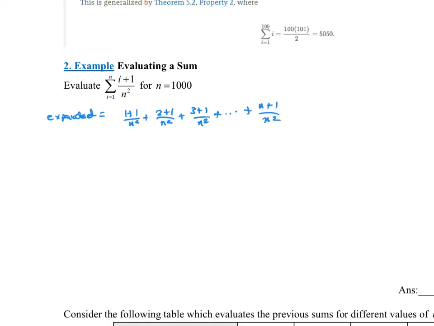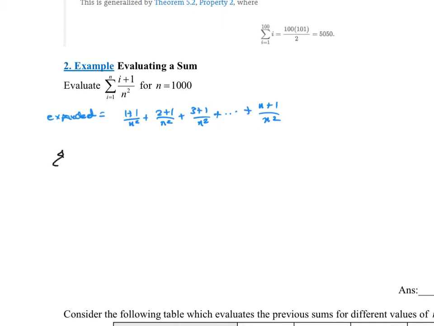What you notice is every single one of those has an n squared in the denominator. And so what we could do is factor that n squared out. Just like we do with derivatives and antiderivatives, you can pull any constants out in front. And remember, n here is a constant. i is the variable. i is the thing that changes.